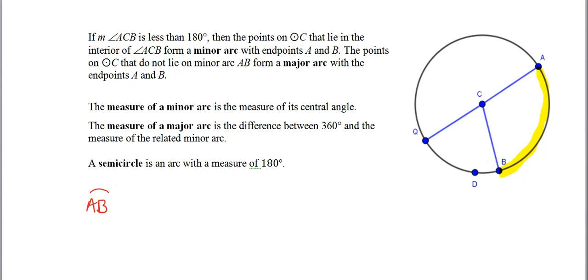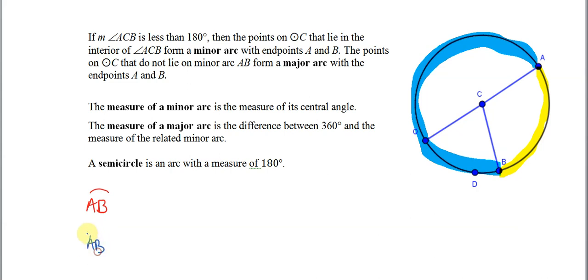What makes this a little bit confusing is that there are other ways we could also name arc AB. We could also go in this other direction from A all the way to B, and that can also be called arc AB. So to differentiate the big arc, we call that the major arc, AB major.